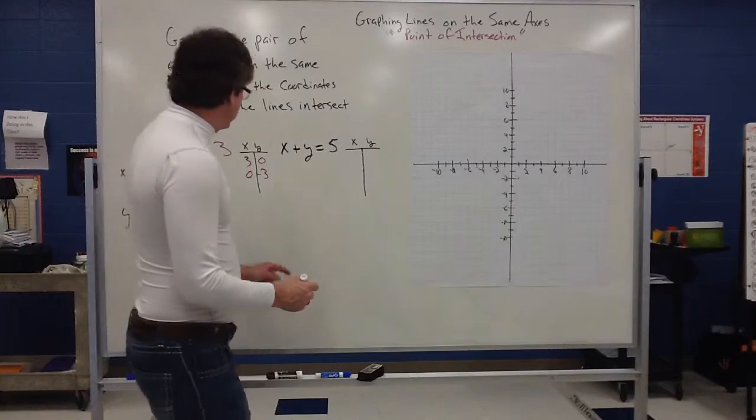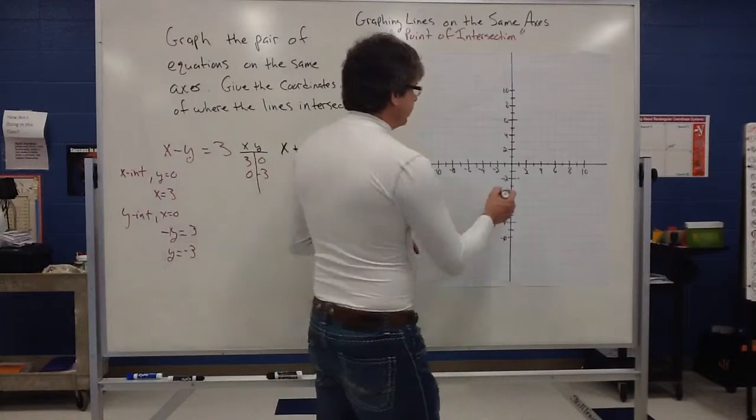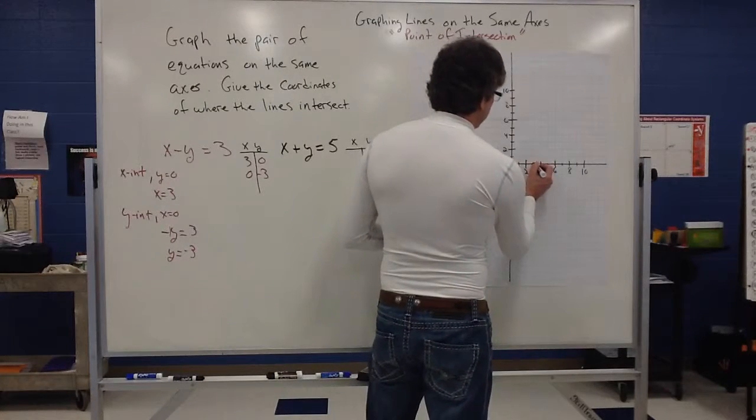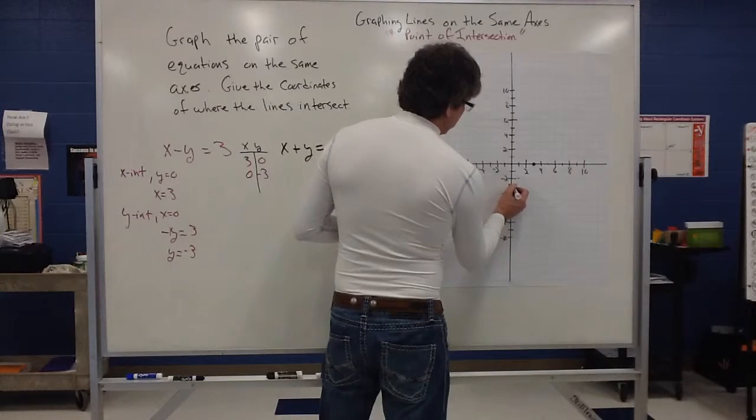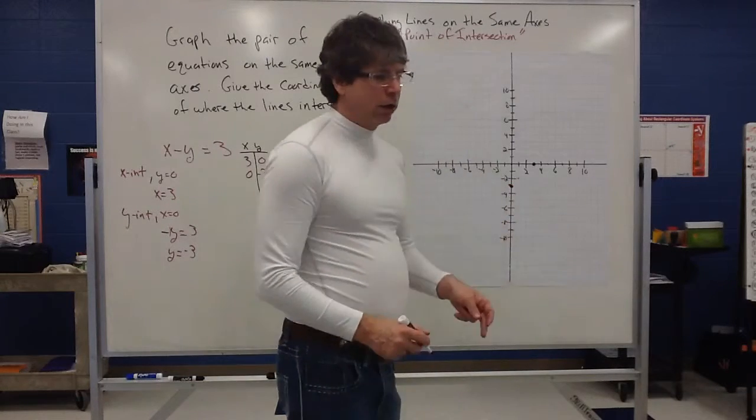So on my graph, I'm going to graph this line. 3, 0 is the x-intercept. And 0, negative 3 is my y-intercept. And I'm going to graph that line.